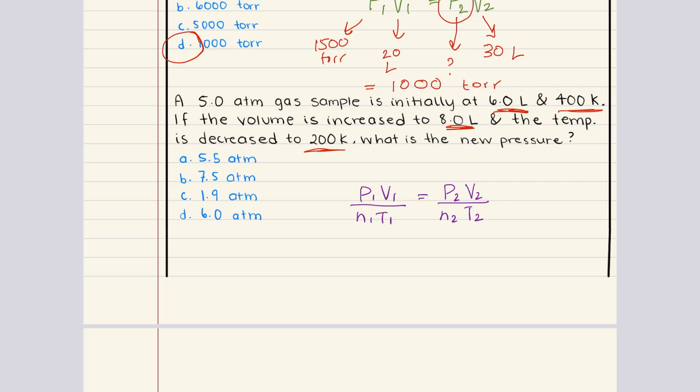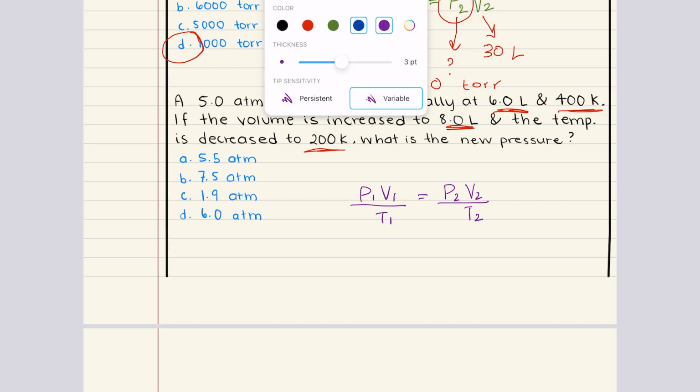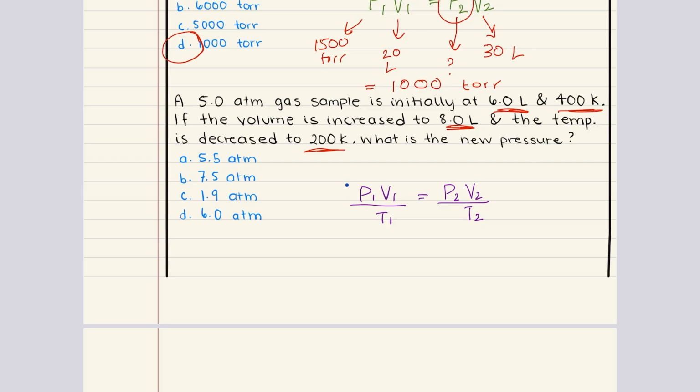Now, there's no mention of any changes in the number of moles. So that means it is safe to assume that the number of moles doesn't change, and we can go ahead and just get rid of that variable. Now we need to figure out what we're given and what we're trying to solve for. We're given the initial pressure, that's equal to 5 atmosphere.